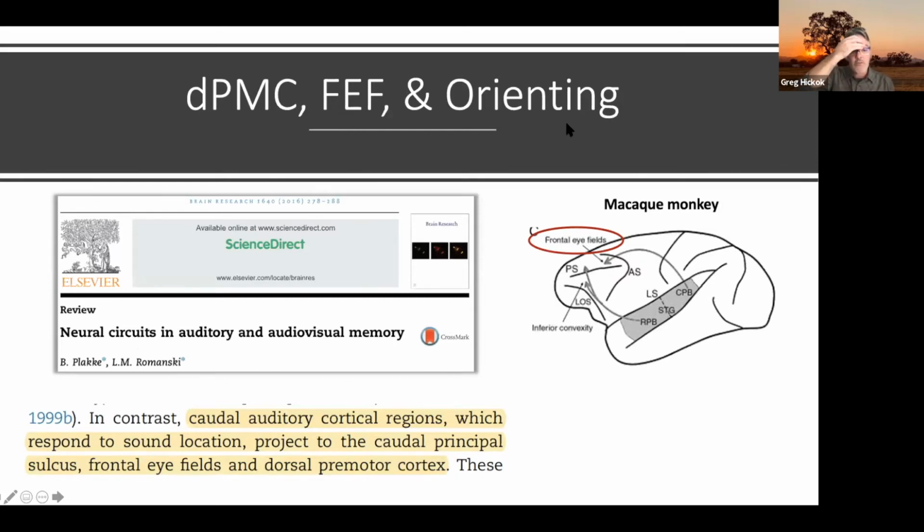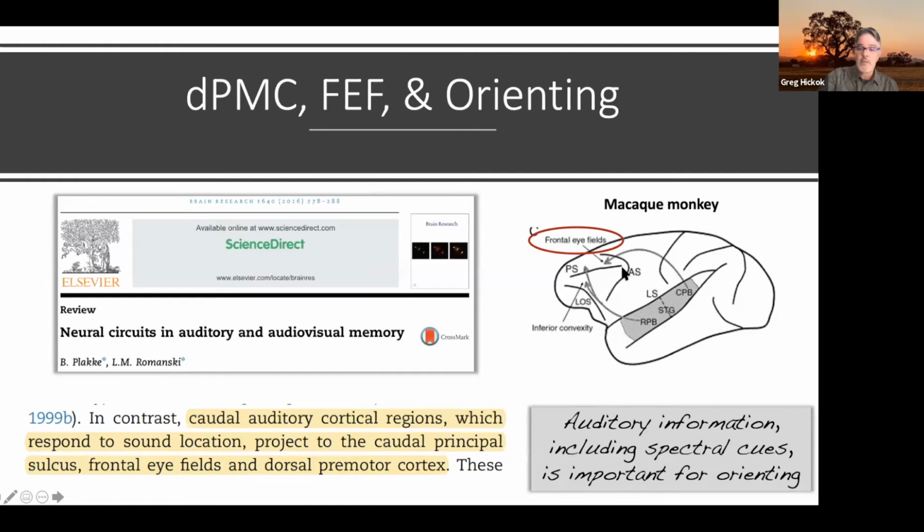So here's just a review paper describing that the caudal region of monkey auditory cortex responds to sound location. This is part of the dorsal stream, projecting to the caudal principal sulcus, frontal eye fields, and dorsal premotor cortex. So that is this region in macaque monkeys.